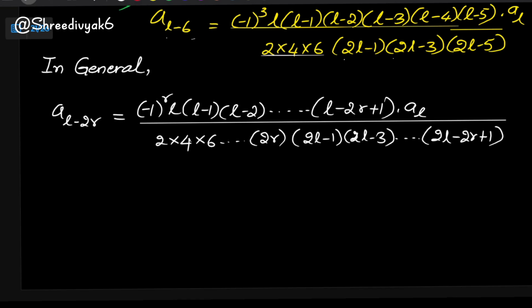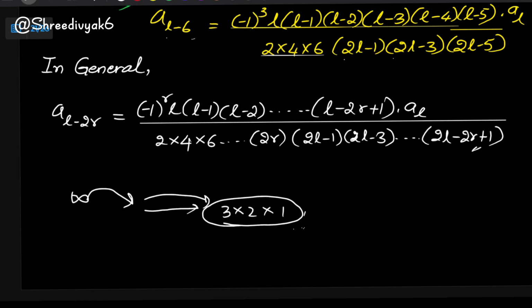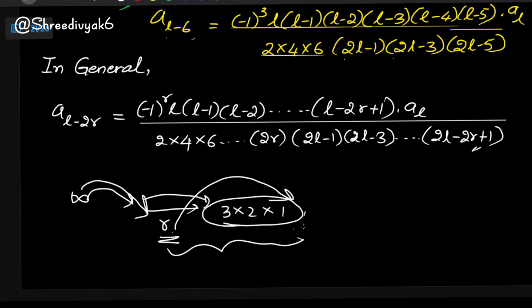But this is still the rth term. Somewhere from infinity we had been reducing to descending powers of x, so somewhere it is going to give me 3, 2, 1. But I'm not getting that till this; I'm somewhere landing at R. I need to make a simplification from this R to getting 3, 2, 1. This descending will give me the solution of the Legendre differential equation.